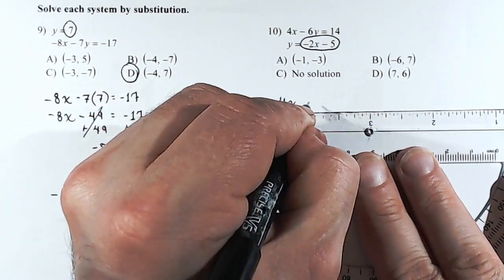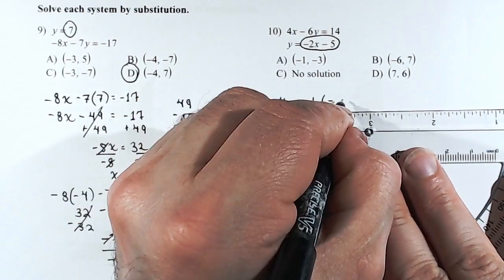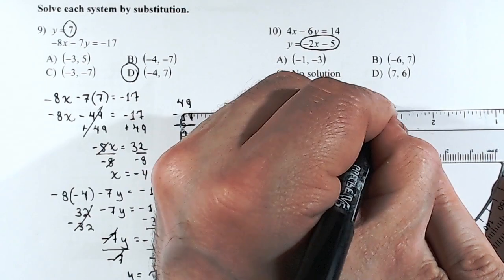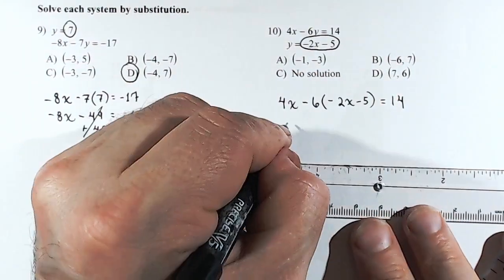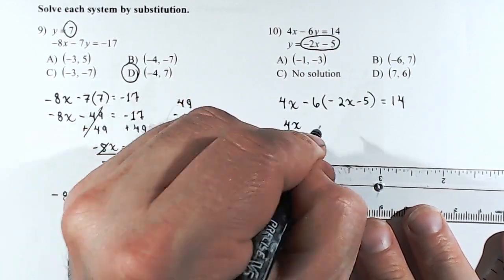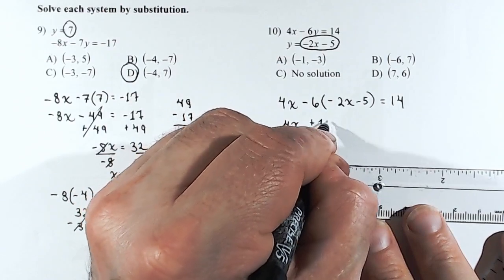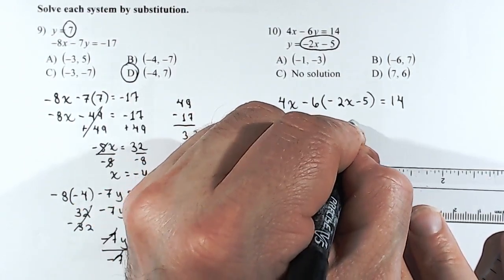So 4x minus 6, open parentheses, negative 2x minus 5, close parentheses, equals 14. Well, let's do 4x. Now, negative 6 times negative 2x is positive 12x. Negative 6 times negative 5 is positive 30.